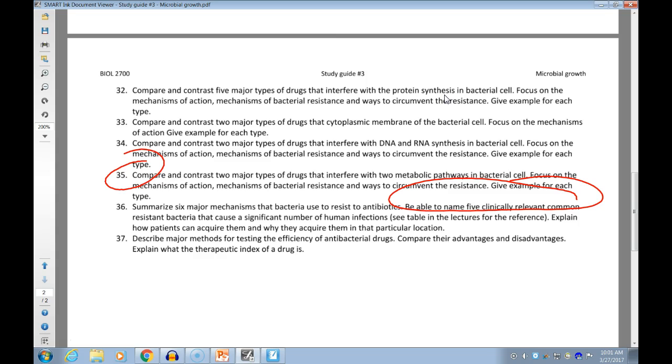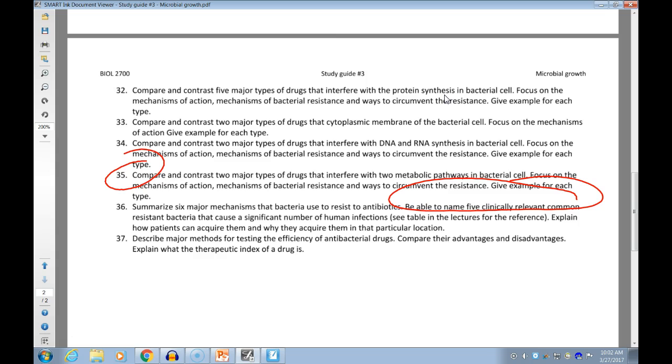Efficiency of antibacterial drugs: the Kirby-Bauer test, the one that we did last week. The dilution method, as simple as it sounds: you dilute the drug and see which dilution is effective. E-strips. And understand the idea of therapeutic index. What is therapeutic index? Quantitatively, in terms of numbers, it's a strict number.